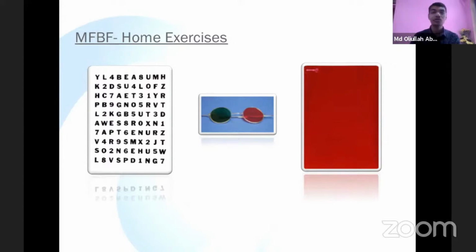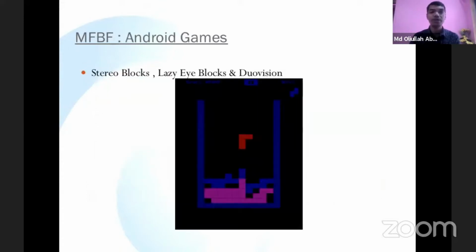Having said that, these are the manual tools which you can create easily in your practice. What else can you do for this patient? Because you can control the contrast and the target here, you can play with different modules that are available freely, or sometimes you can subscribe to these kinds of activities which are available.